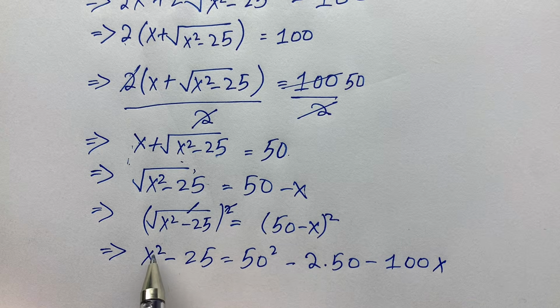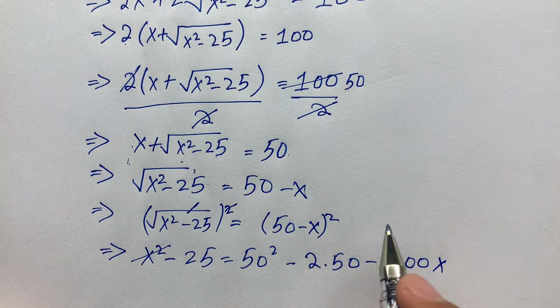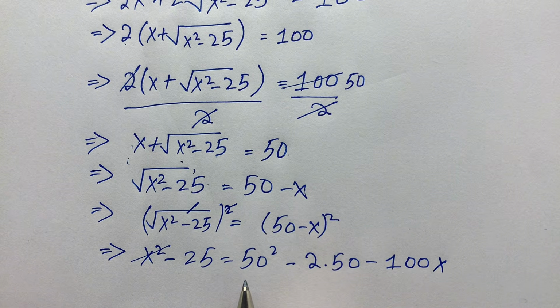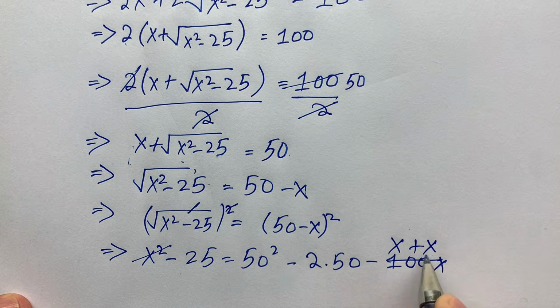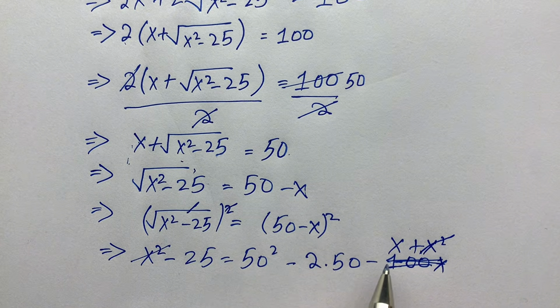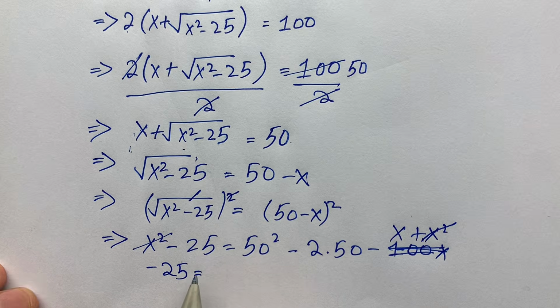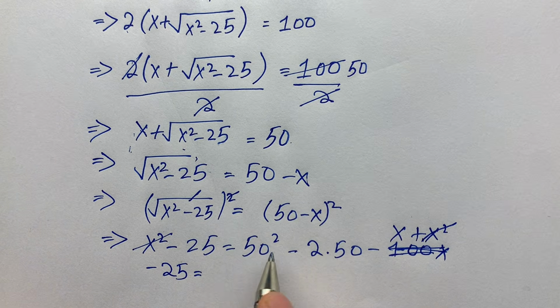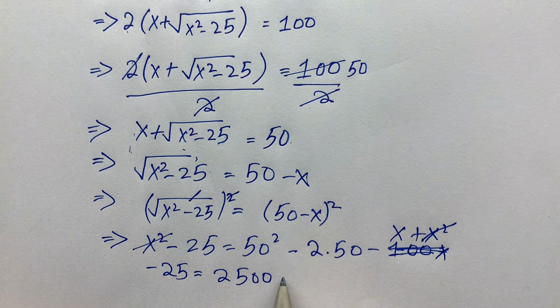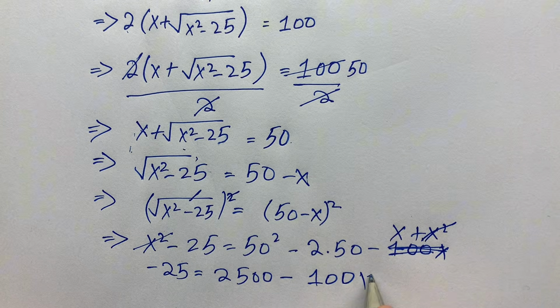Now this x² cancels with this x². So x² − 25 = 50² − 2·50·x + x², which is x² − 25 = 2500 − 100x + x². 50 squared is 2500, and 2 into 50 is 100, so 100x.